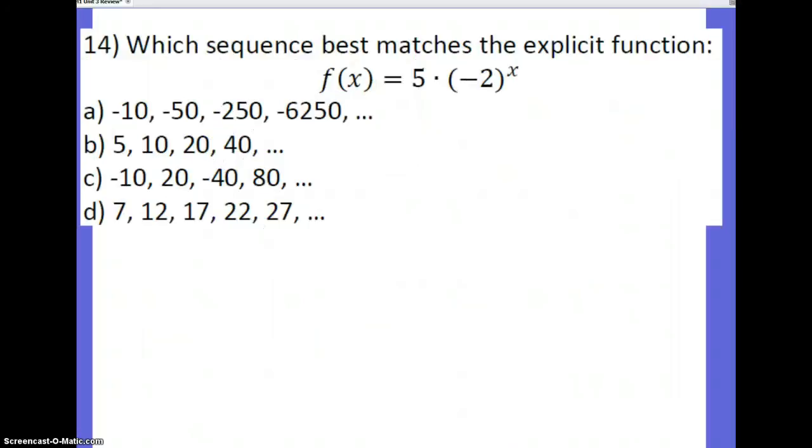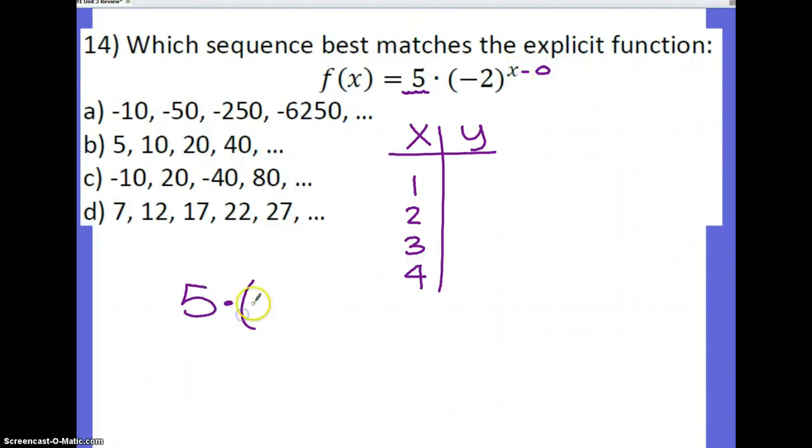Which sequence best matches the explicit function? Notice here that there's no -1, therefore the 5 is really your 0 number. But the easiest way to go here is, it's showing the first 4 numbers, so 1, 2, 3, 4. The easiest way to go is just to plug in a 1 for x and get your answer.